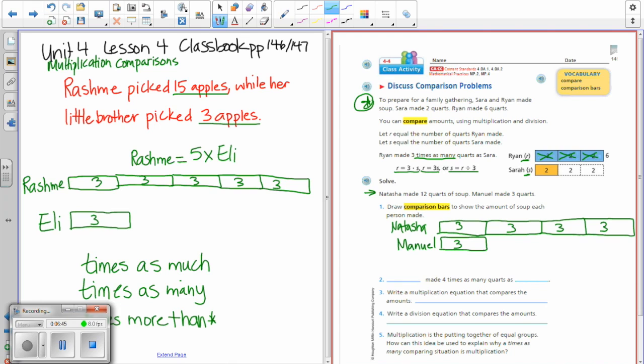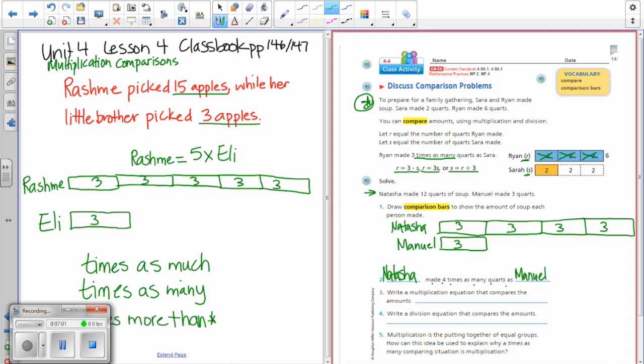So who made 4 times as many quarts? Well, Natasha made 4 times as many quarts as Manuel.